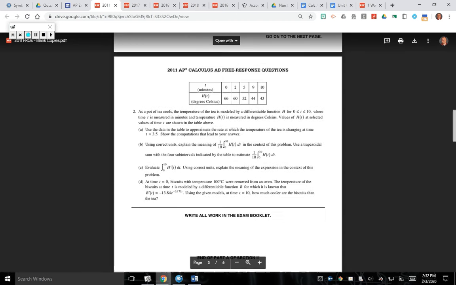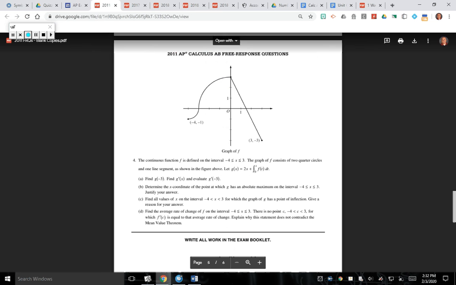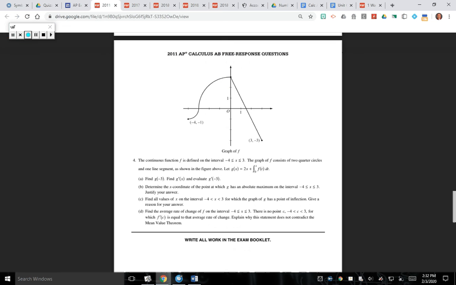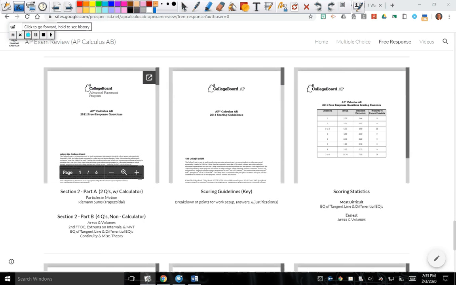Number 4 is non-calculator, and it is right there. Okay? So here, it even shows you, like these first two right here, it says particles in motion and Riemann sums. This is question 1 and 2. These are questions 3, 4, 5, and 6. Okay? And here are the keys to everything over here.